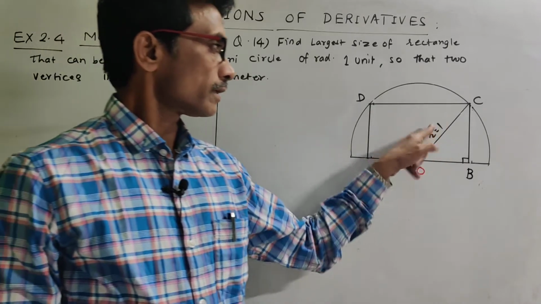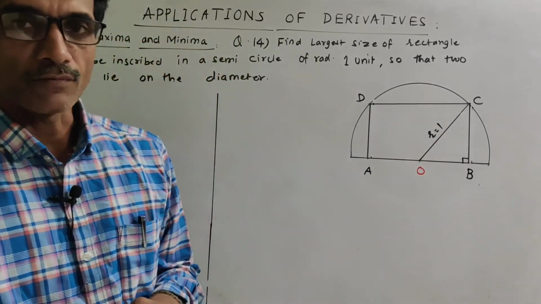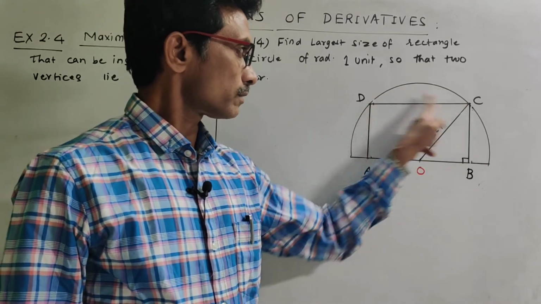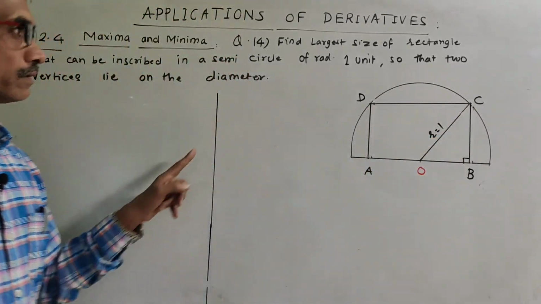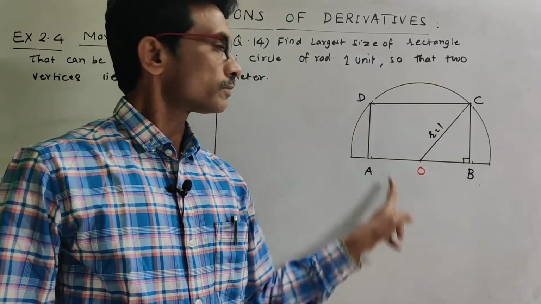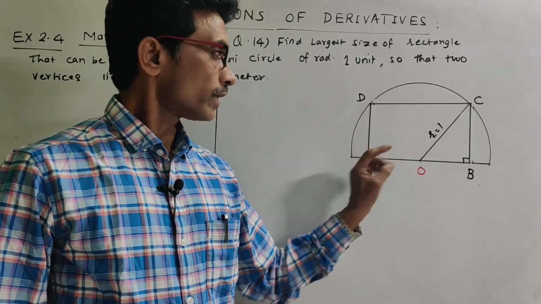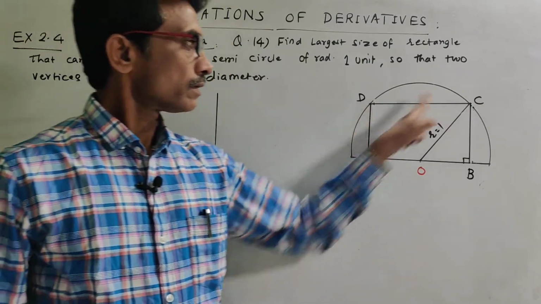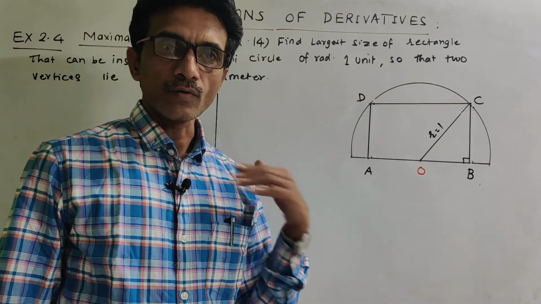Radius of this semicircle is 1 unit, and we are finding the largest size of rectangle. That means we have to find the dimensions of this rectangle. So we find what length and breadth of this rectangle, so that the area of this rectangle will be maximum.